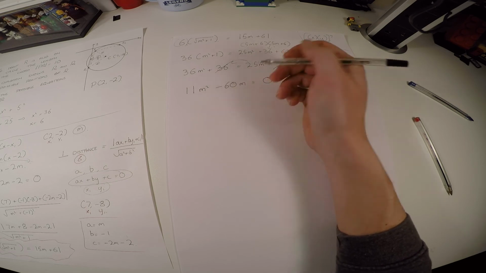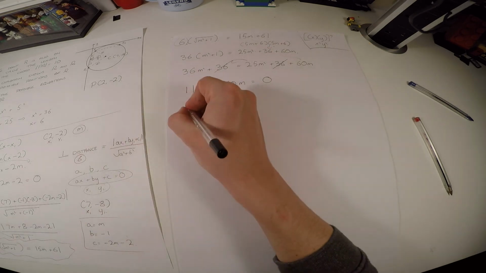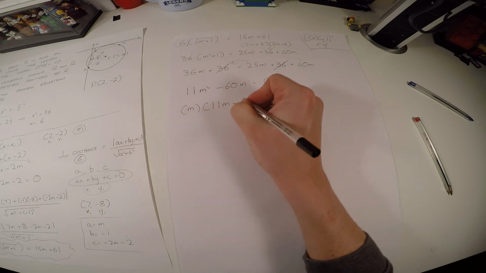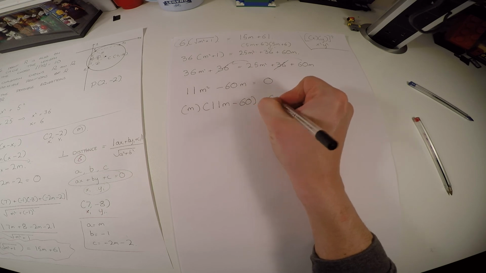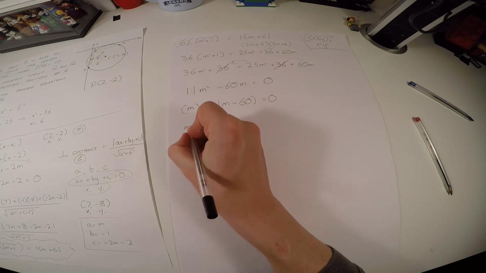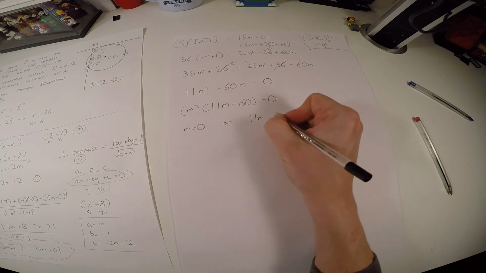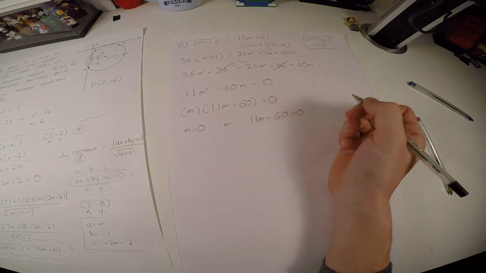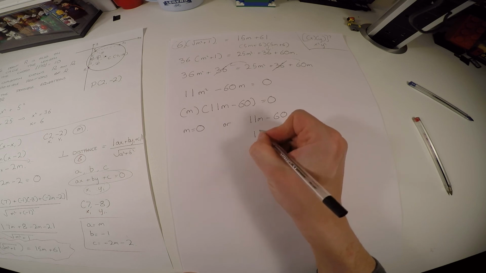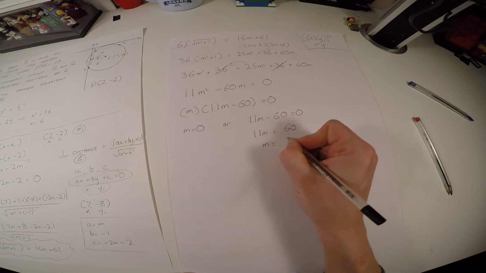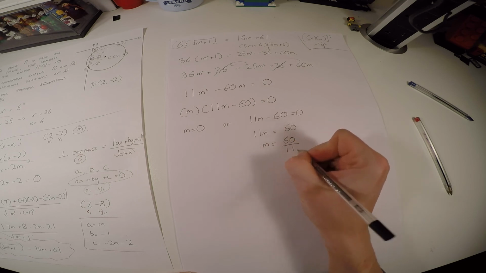So here we have no constant term, so they're actually pretty easy to factorize. Just factor out the variable, which is m in this case. So if we're taking m outside, that's m times 11m minus 60 equals 0. And of course that means m is either equal to 0 or 11m minus 60 is equal to 0. And this gives us 11m is equal to 60, or m is equal to 60 over 11.